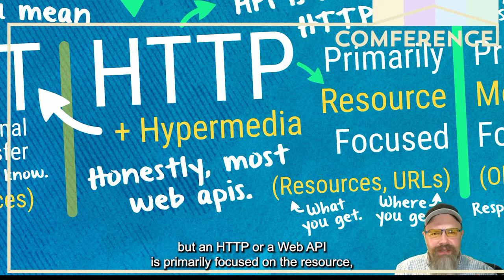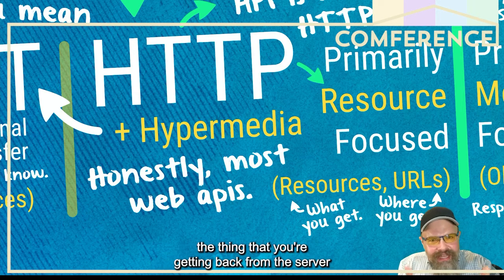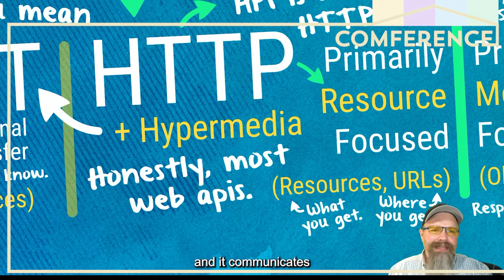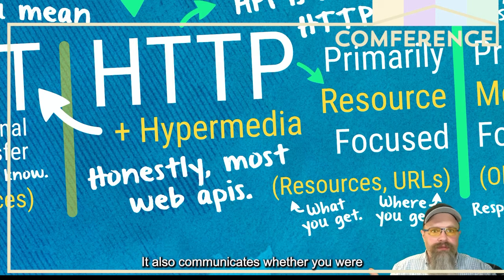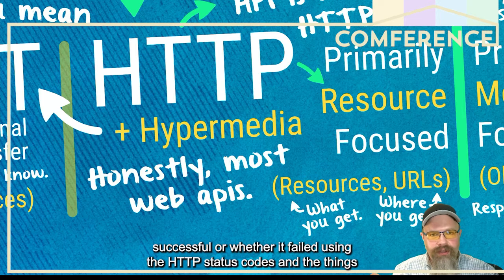But an HTTP or a web API is primarily focused on the resource, the thing that you're getting back from the server. And it communicates what you're doing with it by using HTTP and the methods that are built into HTTP. It also communicates whether you were successful or whether it failed using the HTTP status codes.